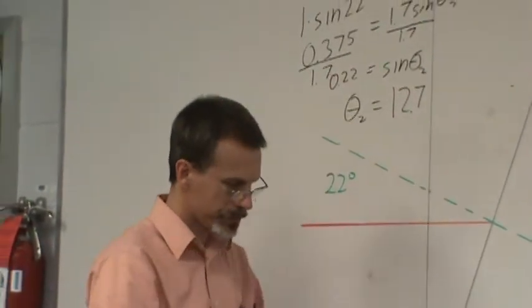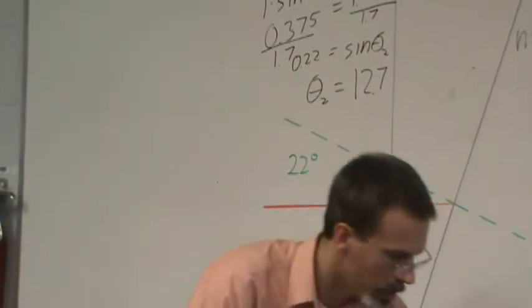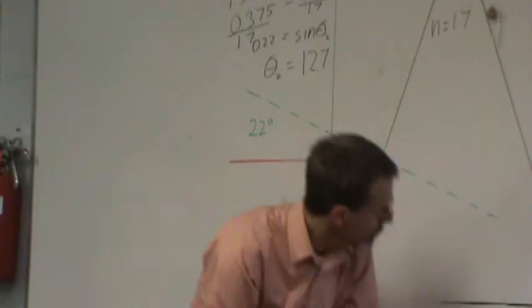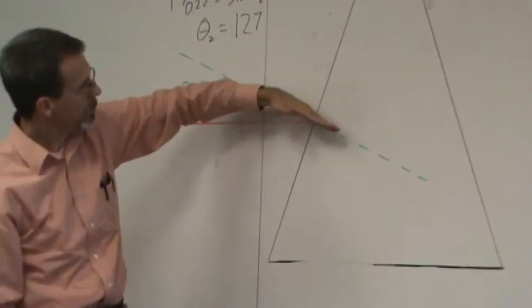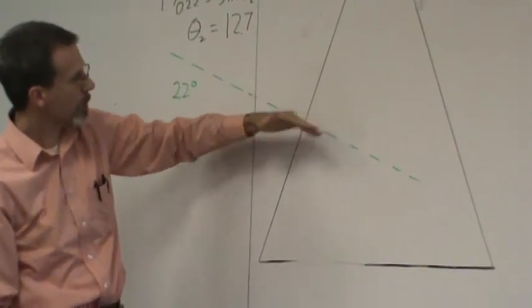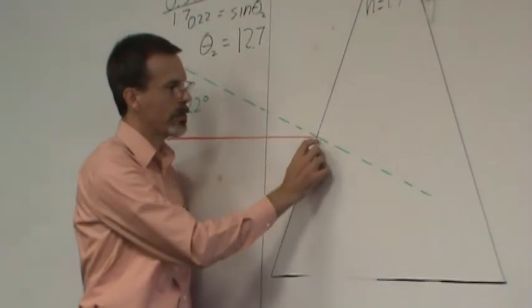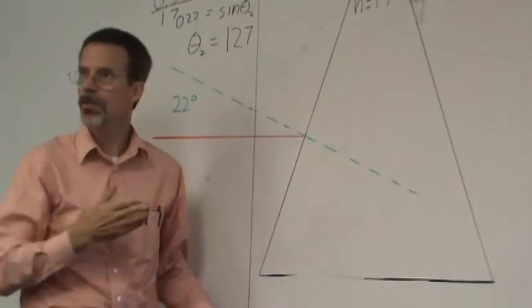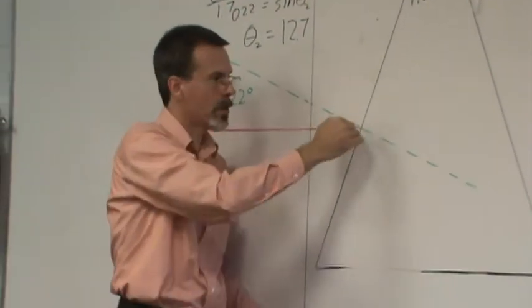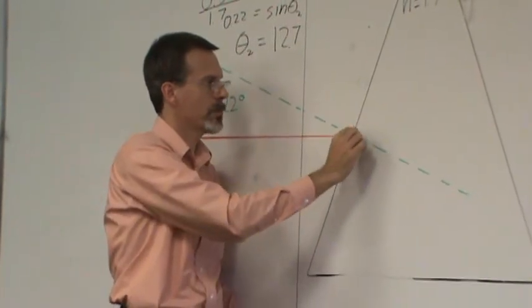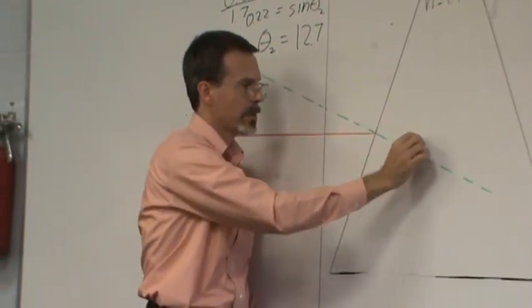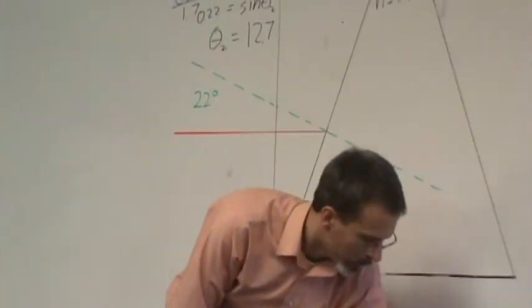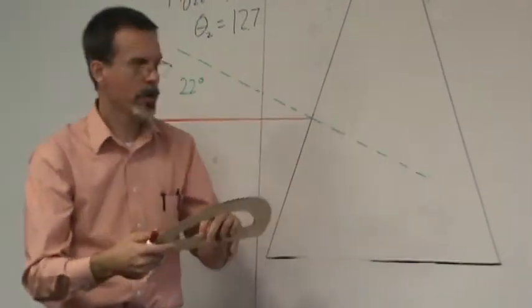Now that I've got that, I can come back and say that this angle is going to be 12.7 from here. Now, it's not going to go here and bounce like this. Light doesn't do that. It's bending. It's not bouncing off of this imaginary line. It's going to be over on this side, something like that. To find out exactly, I need to put my protractor up here.